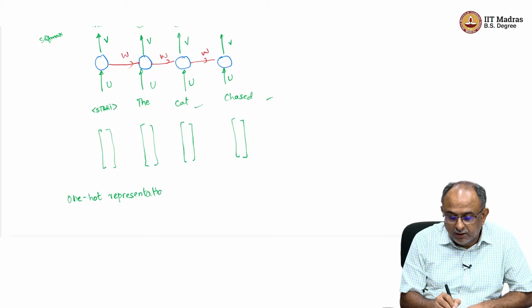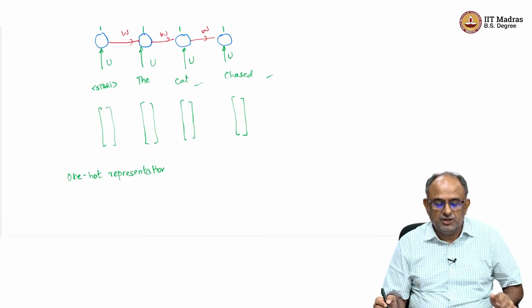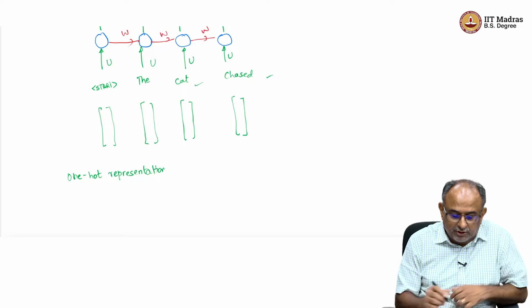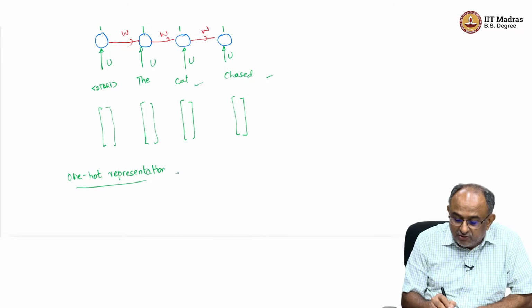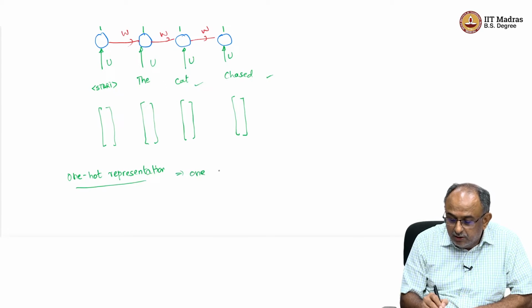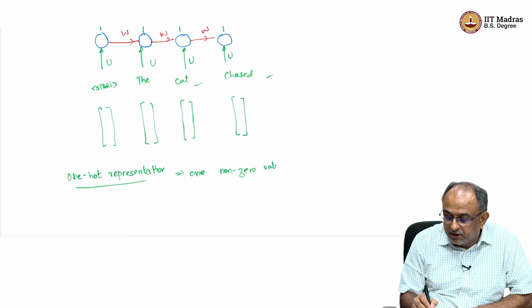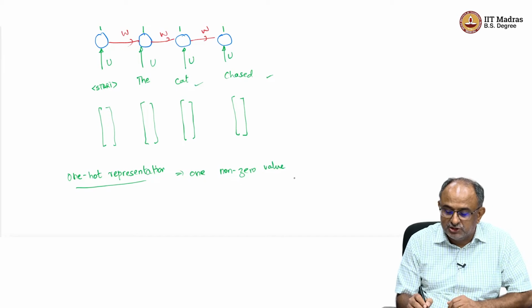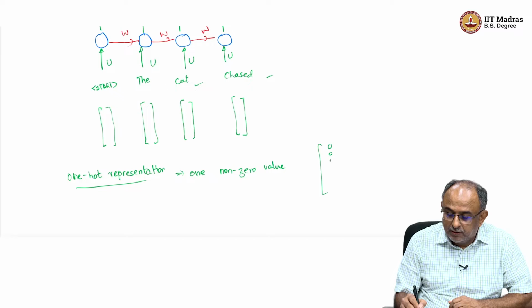What does it mean? In a one hot representation, let us say I have only a 6 word vocabulary. That means only one non-zero value, that is why it is one hot, only one of them is non-zero like this and all the others are 0.